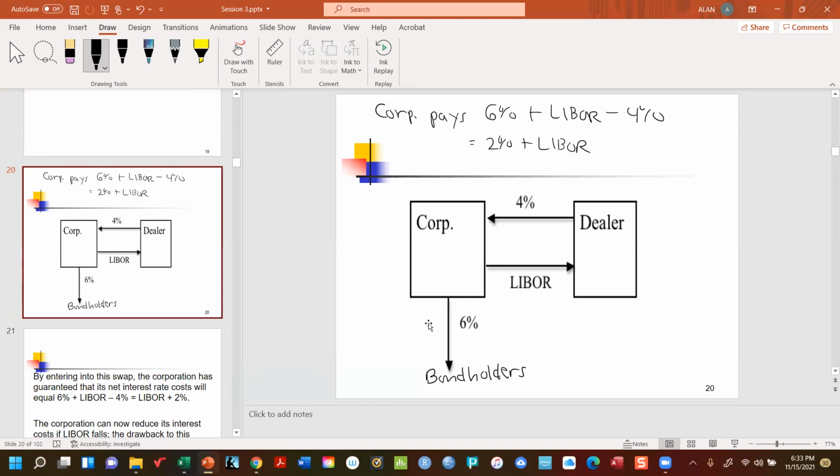We want to pay a floating rate. It's too late by then. They're under contractual obligation to pay 6% to the bondholders. So this way they can change what they've set out for. And it's easy and convenient for them to do this.